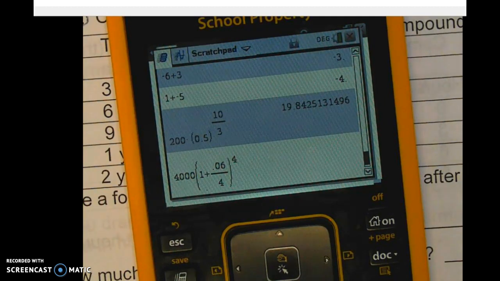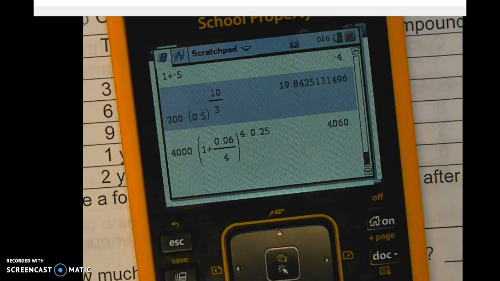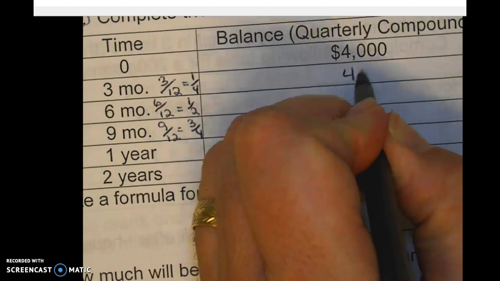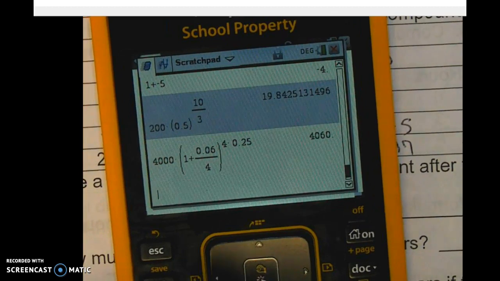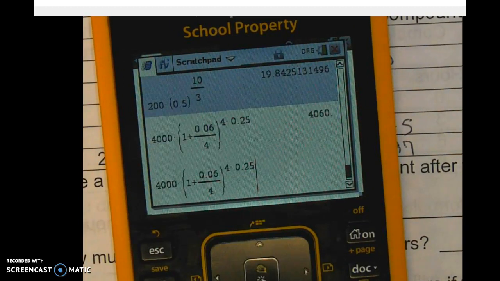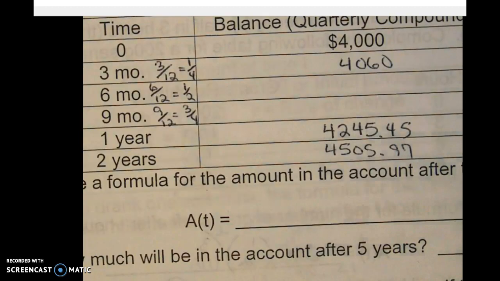So time would be, for the first one, 1/4, which is 0.25. So in 3 months, I'd have $4,060. Okay, so half, go back up, enter, and then go back in and change that to 0.5. $4,120.90.